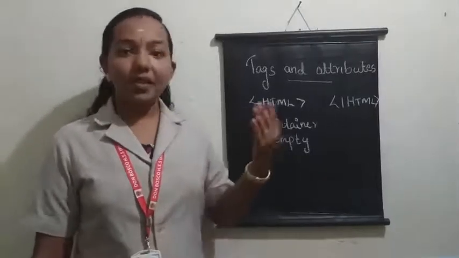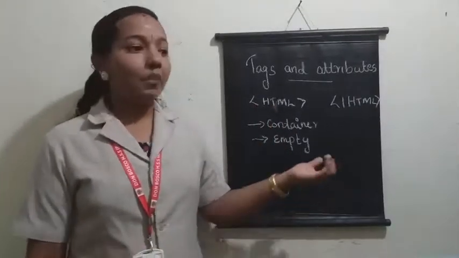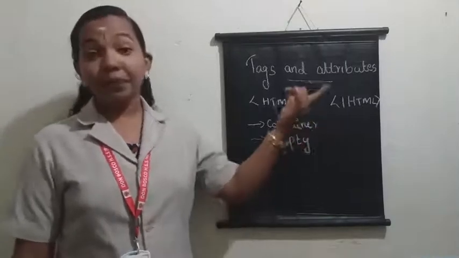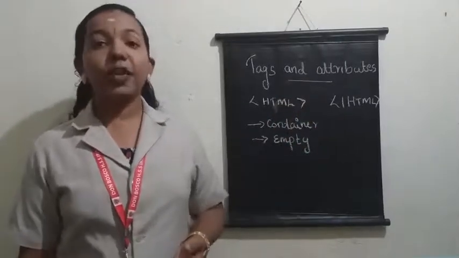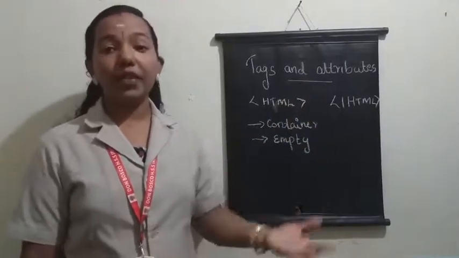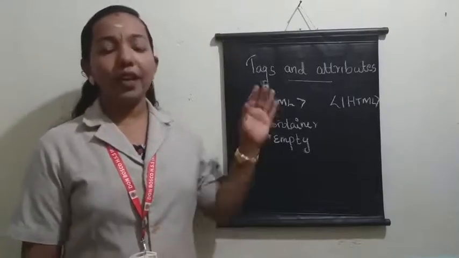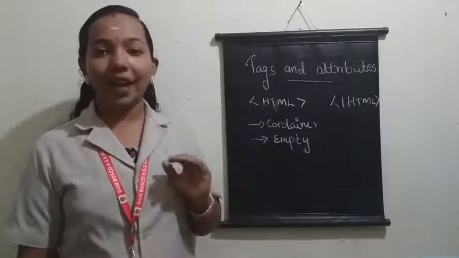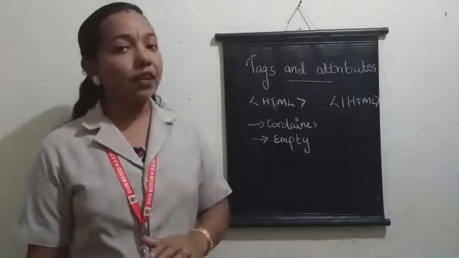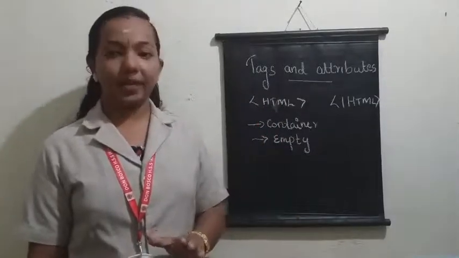Or the examiner will ask, please identify the container tags from your HTML program, or find out the empty tags from your HTML program. Very important question, for your theory exam and also for your practical examination.